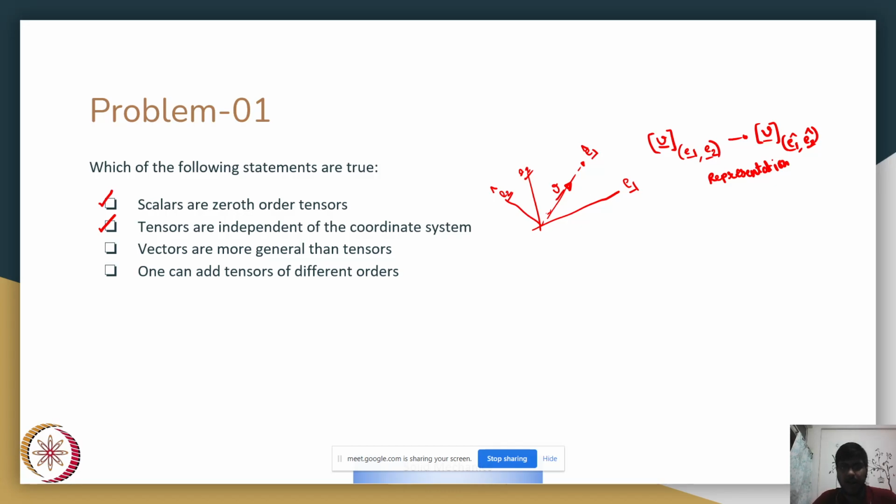Third, are vectors more general than tensors? False. Correct. So scalar is zeroth order, vector is first order. Then, as you must have seen, stress is a second order tensor. And fourth, one can add tensors of different orders.